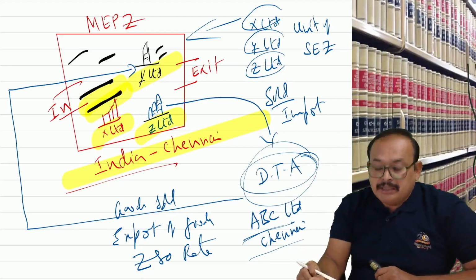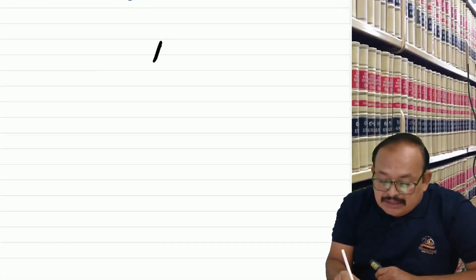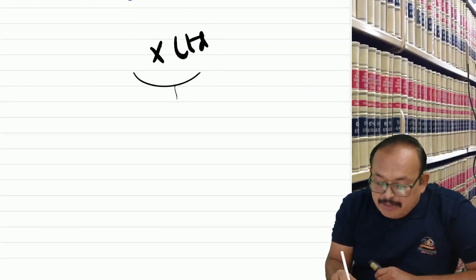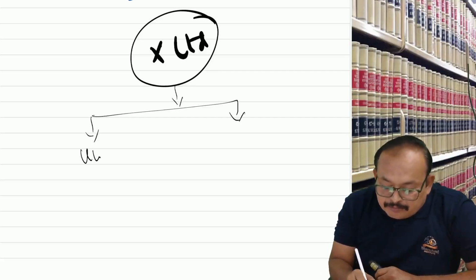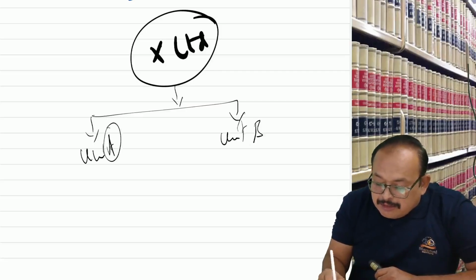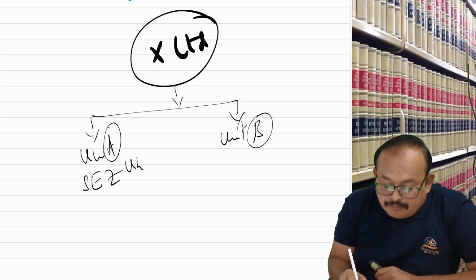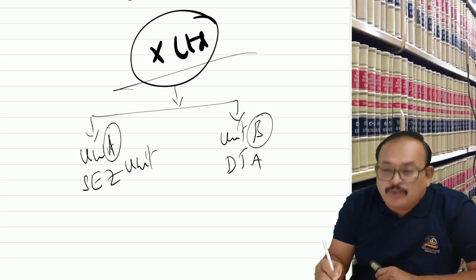Is that clear? Now there may be a case like this. Let us say X Limited has 2 units, unit A and unit B. Unit A is a special economic zone unit, unit B is a DTA unit, but both belong to one company.